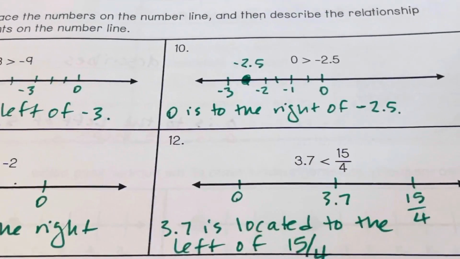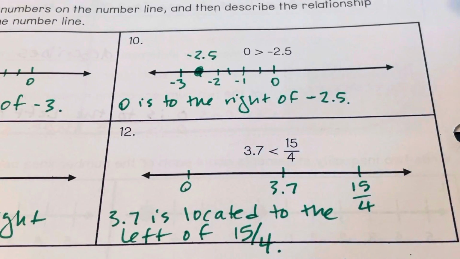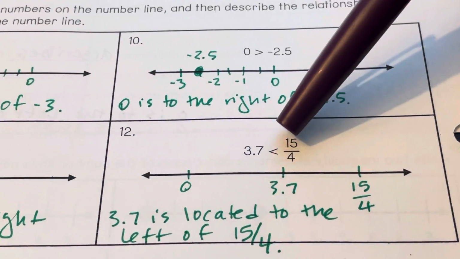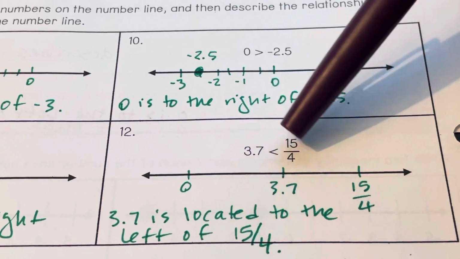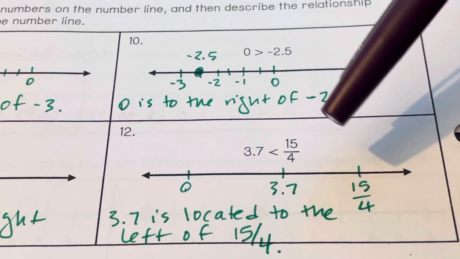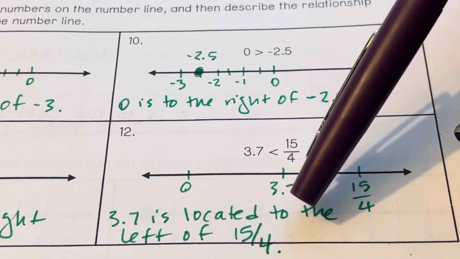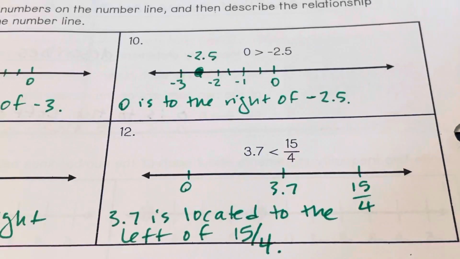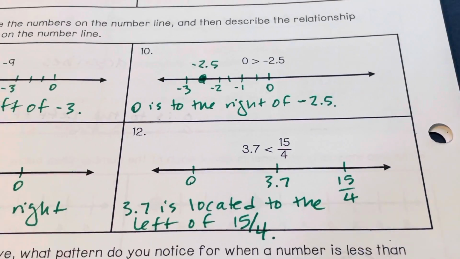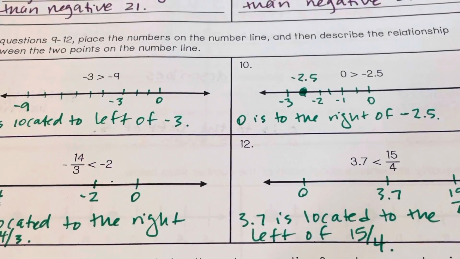For 12, 3.7 is less than 15/4. So notice these are all positive. So we have 0 on the left, and then 3.7, and then 15/4. So 3.7 is located to the left of 15/4. Now you might be wondering what these fractions equal, right?